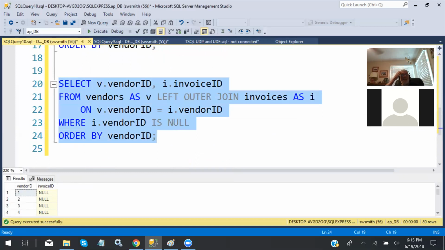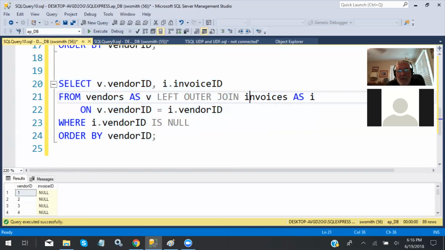So we say left outer join, and we mean to include everything from the table on the left, and only those records from the right that participate.